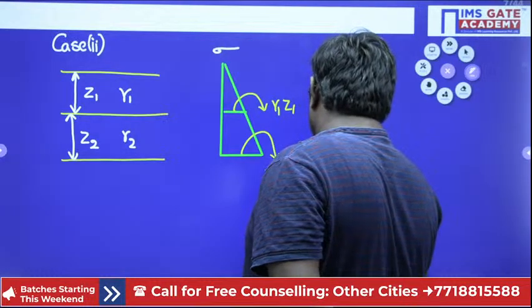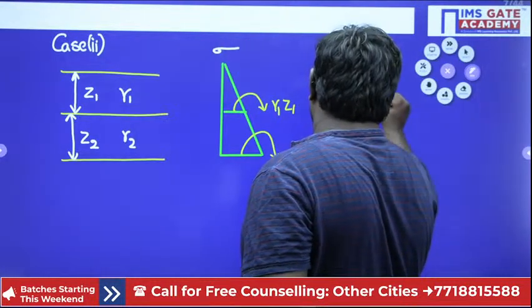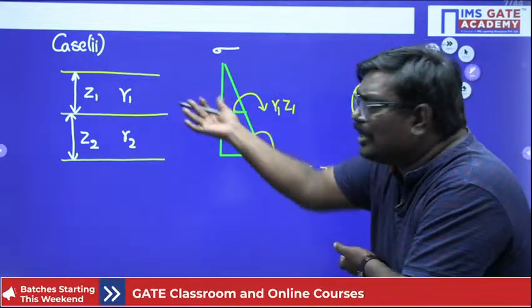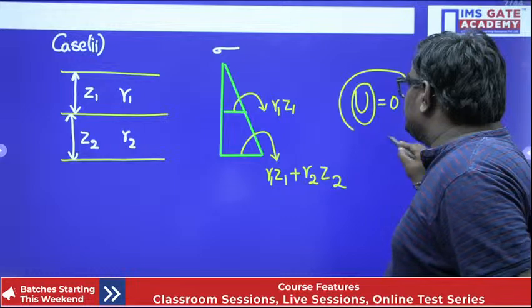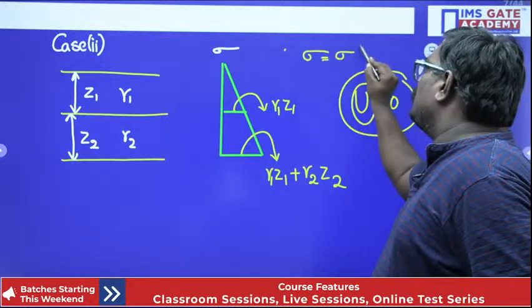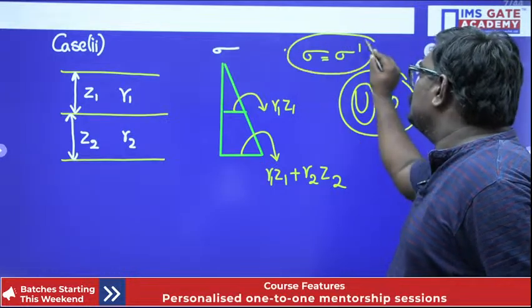And I am not writing pore water pressure here because pore water pressure is 0. Am I correct or wrong? There is no water table there, so pore water pressure is 0. In this case, total stress will be equal to the effective stress.